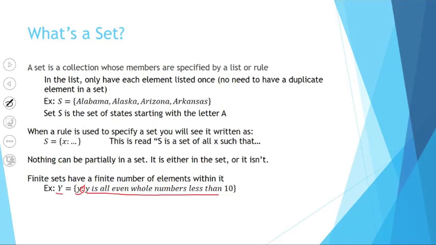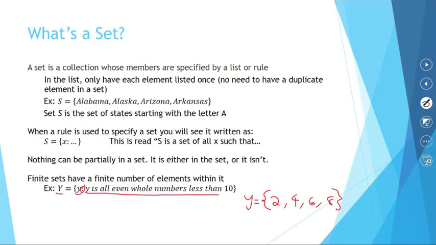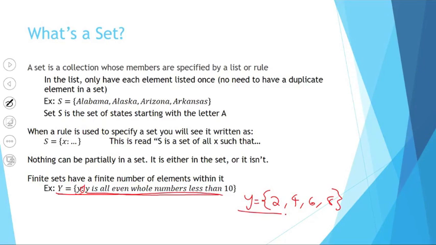I know all my capitals, and I just make lowercase capital Y, so imagine it's capital. Another way you could have written that set is 2, 4, 6, 8. That's the same thing. So you can write the set like this, or you can write it like this.